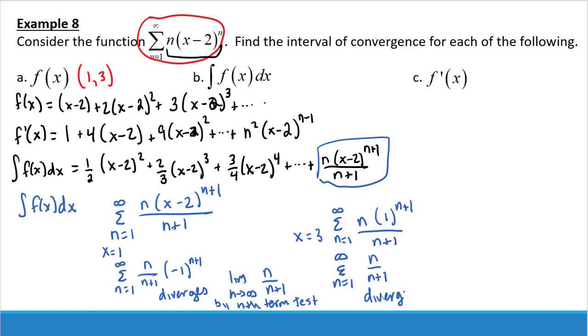So then for my derivative, again, it's the same interval, 1 to 3. So I check x equals 1 in my derivative. My derivative formula is this.